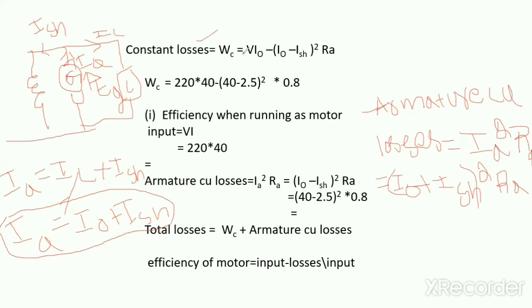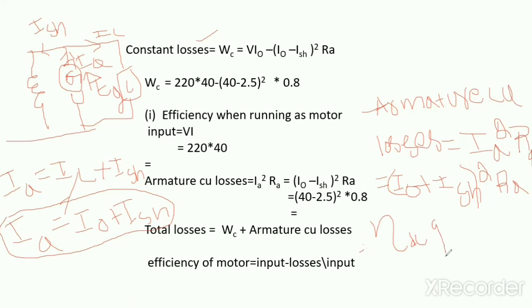Constant losses are the same for both the generator and the motor. Therefore, total losses is WC plus armature copper losses, and then we calculate the efficiency of a DC generator.